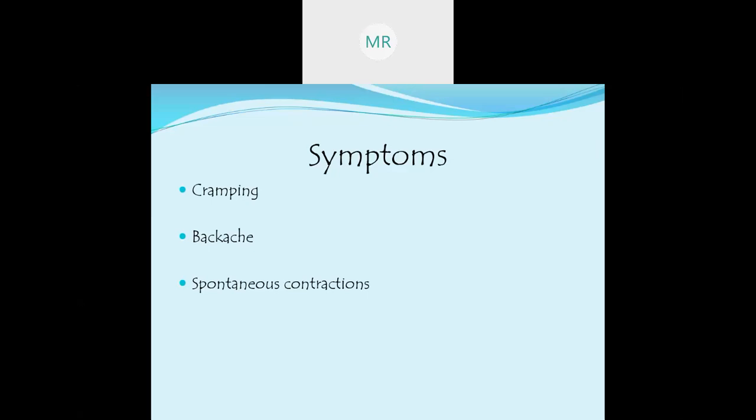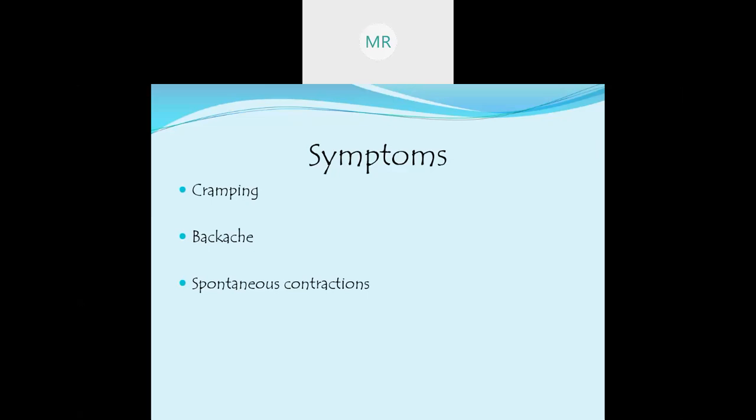So symptoms, and this is what a lot of times we tell our patients, that's why prenatal care is so important. Because if they start with cramping, menstrual-like cramping, they know what to expect. They know what things are not right. If they start with that headache, with that backache, usually that backache is a low, dull backache, or spontaneous contractions.